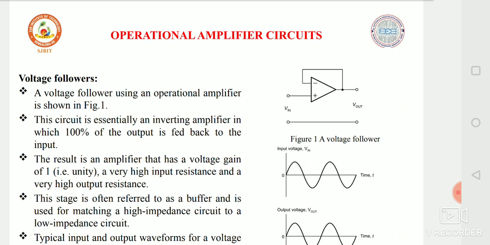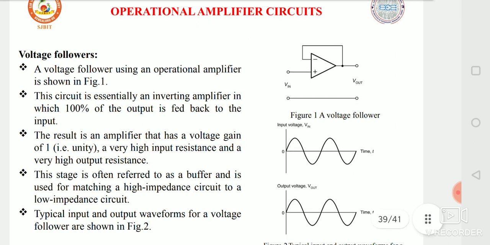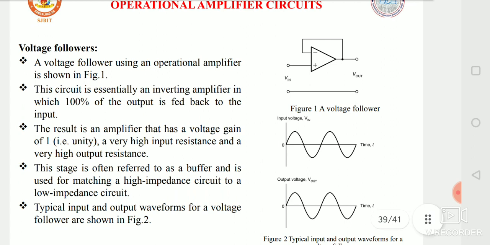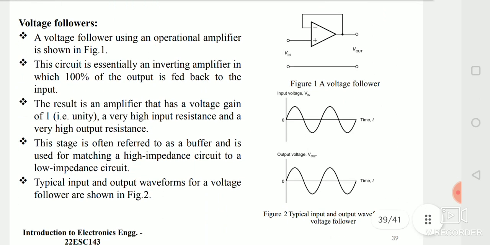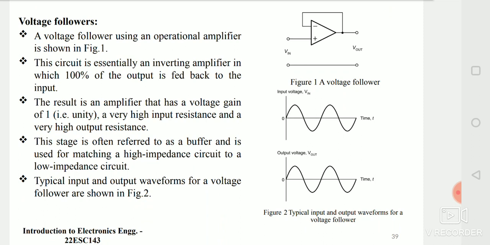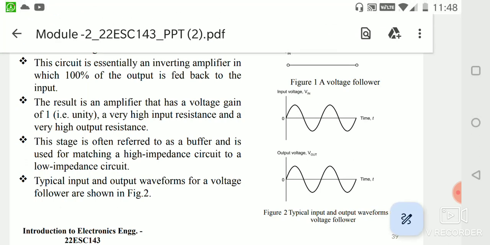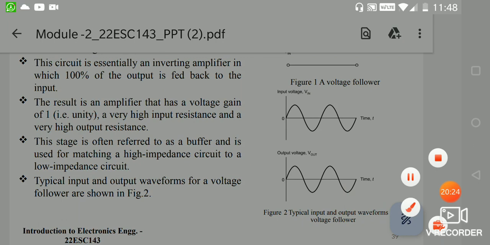This circuit is essentially an inverting amplifier in which 100% of the output is fed back to the input. The result is an amplifier that has a voltage gain of 1, which is unity, a very high input resistance and a very high output resistance. The stage is often referred to as a buffer and is used for matching a high impedance circuit to a low impedance circuit.